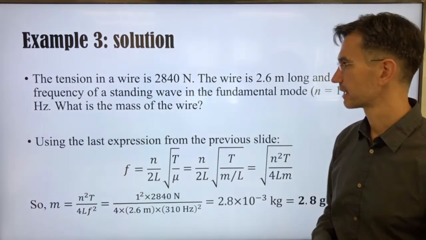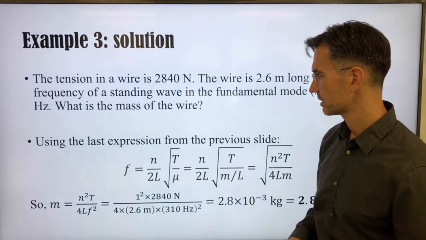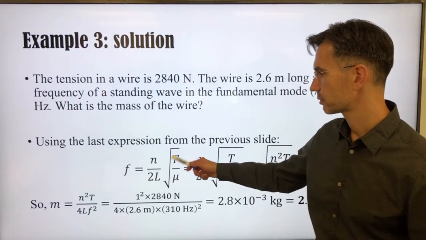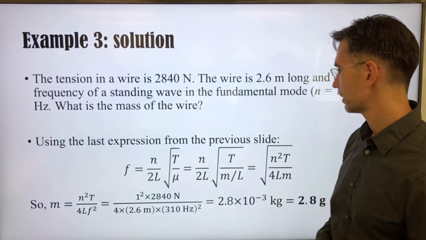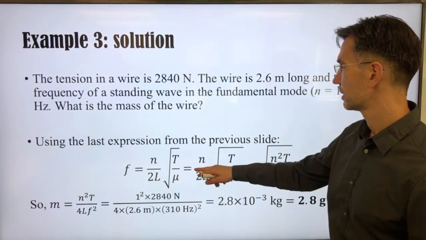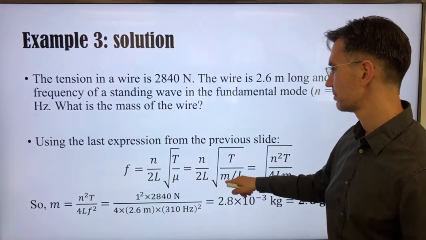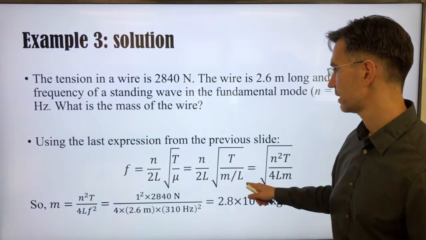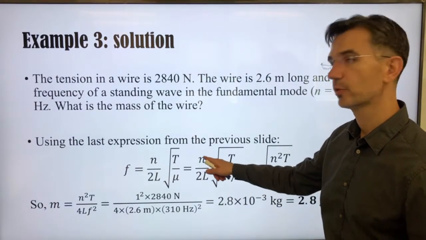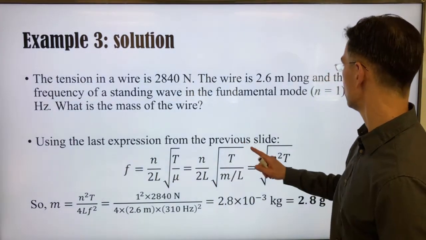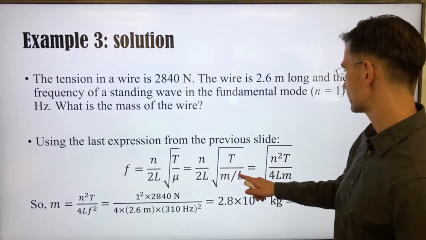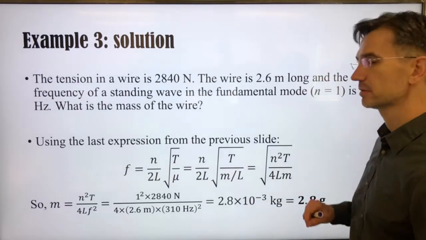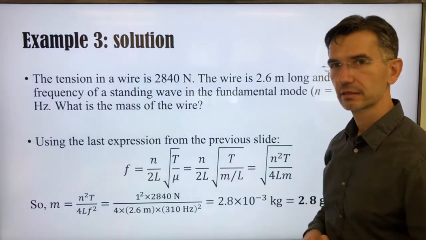So let's use our expression from the previous slide, where we have the frequency equals n over 2L times square root of T over mu. We're trying to figure out what the mass is, but we're given what the length is. So we express mu as m over L. We're given the length, we're given n as 1, the fundamental. We're given the frequency, f, and the tension, 2.8 kilonewtons.